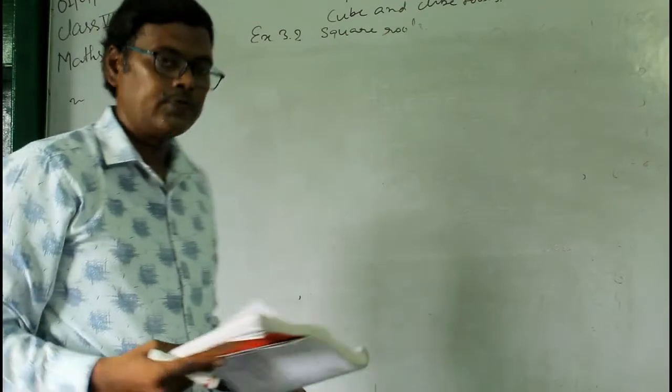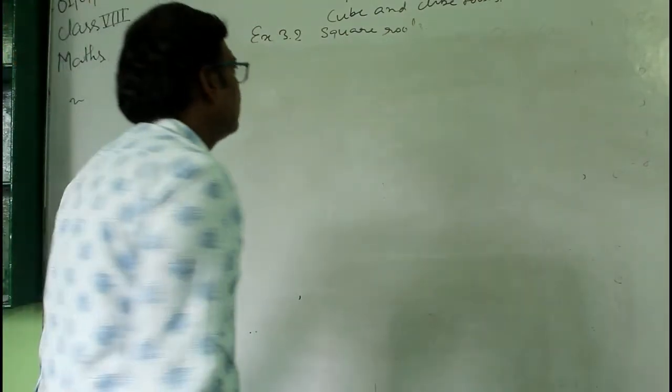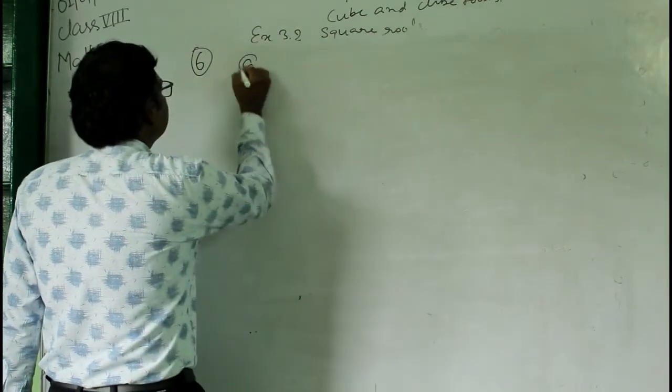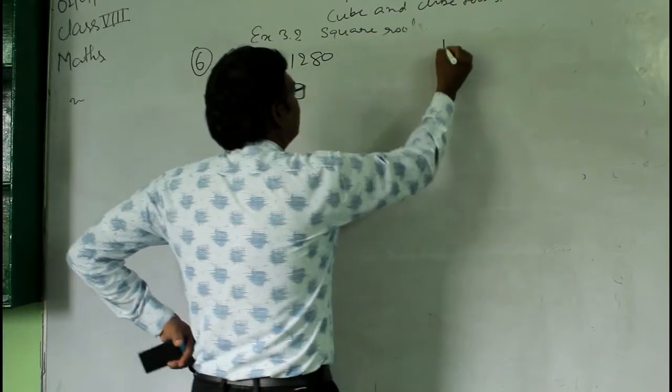So in this, first find the prime factors of the number. Question number 1 is the number 1280. So find the prime factors of this number.